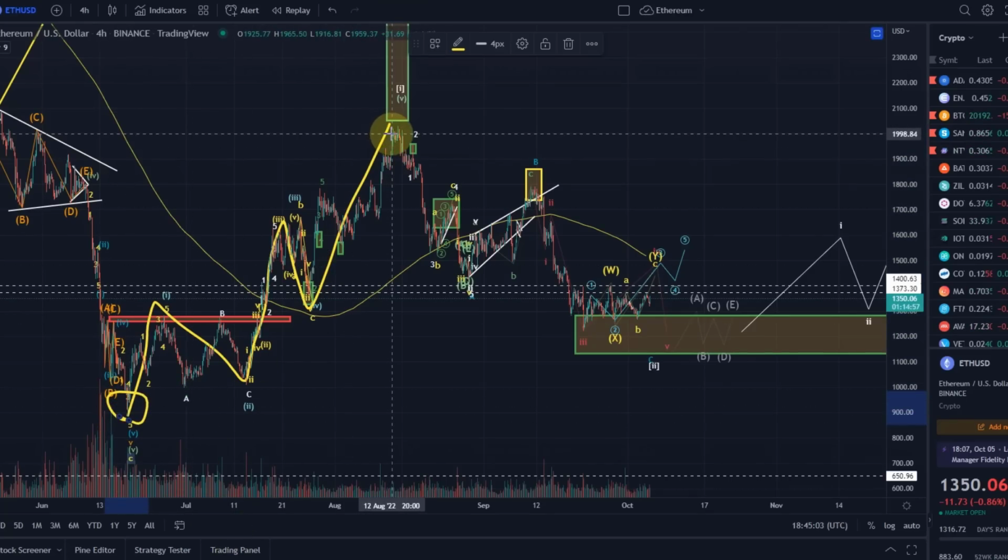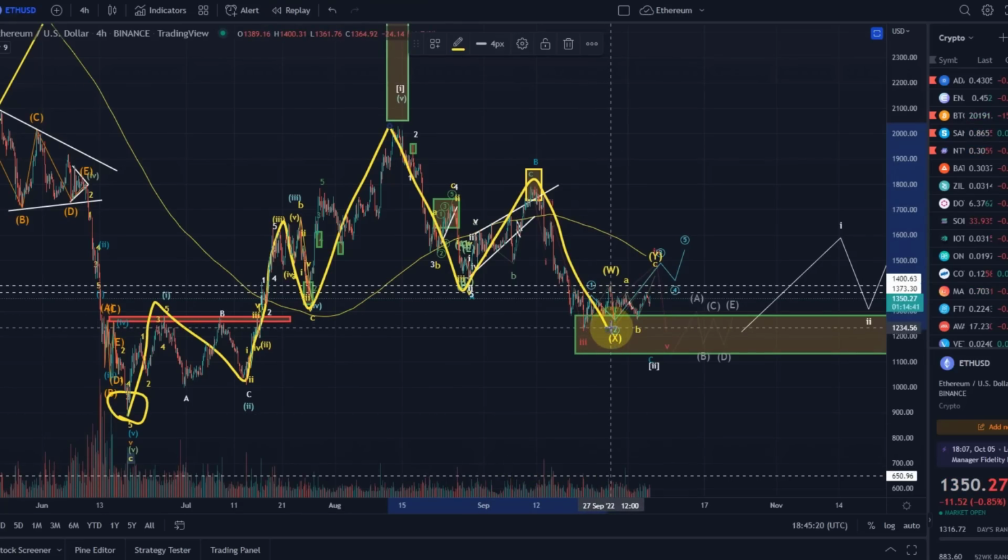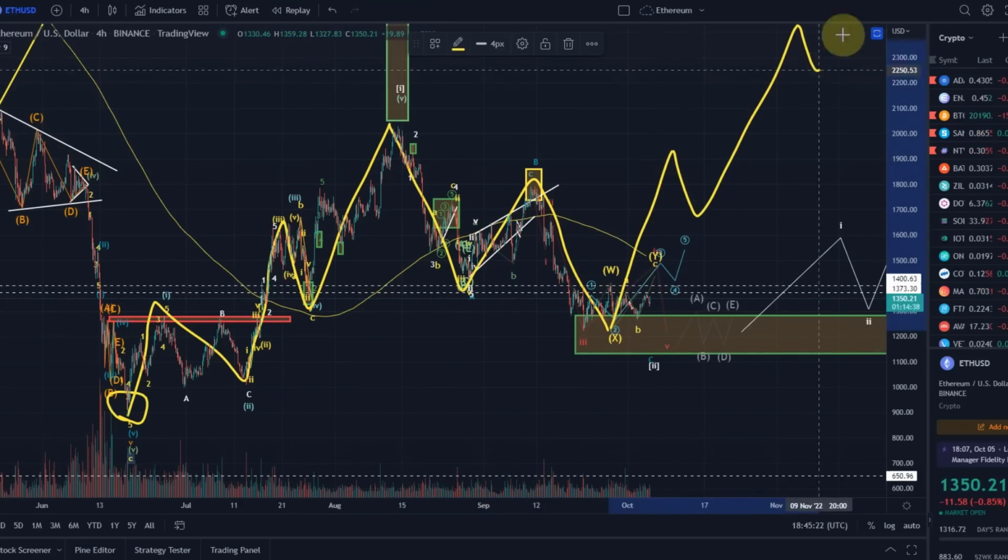In the next move, after such an impulse, you would look for a 3-wave correction into the opposite direction, which corrects the impulse. So we had that here, wave A, wave B, wave C. And then from here we start again with a 5-wave impulse to the upside.